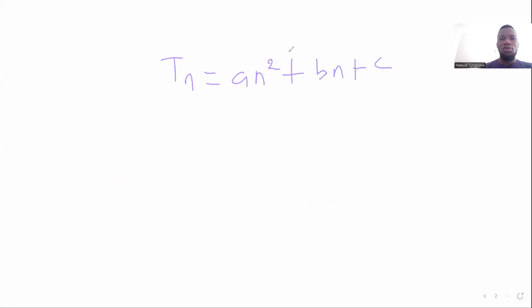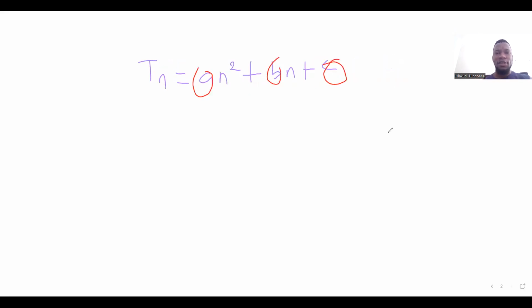So we need to derive the values for a, b and c for us to get to that answer. Remember those three equations that we discussed that you need to solve for the Tn formula.